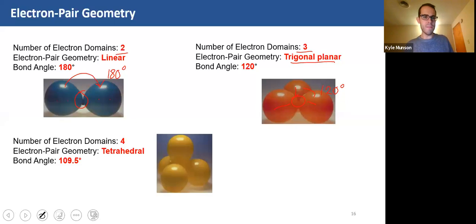And then finally here, if we have four domains here, so 1, 2, 3, 4, the bond angle between here is going to be 109.5 degrees. And this is something called tetrahedral. Again, when you have the four domains here, which could be bonding pairs of electrons or non-bonding lone pair electrons, which we'll see as we do some examples of this. So that's kind of the idea with electron pair geometry. You have linear, trigonal planar, or tetrahedral.